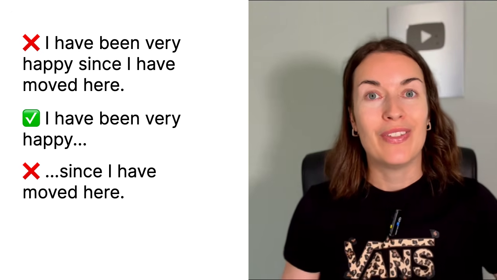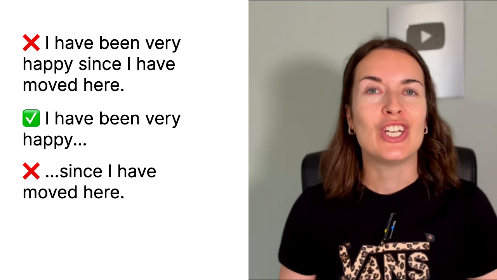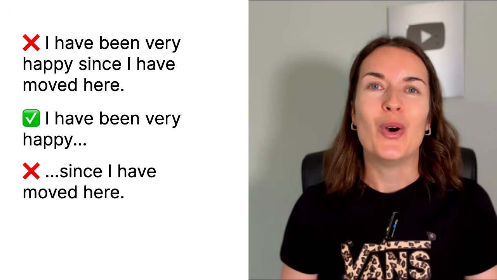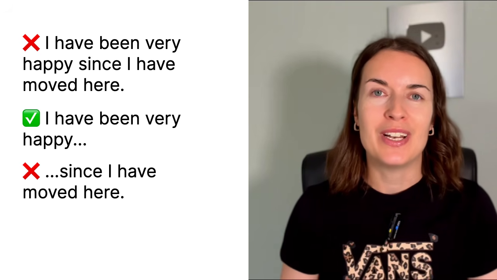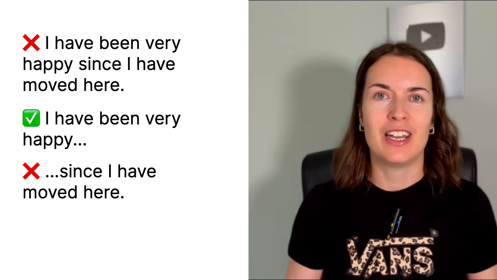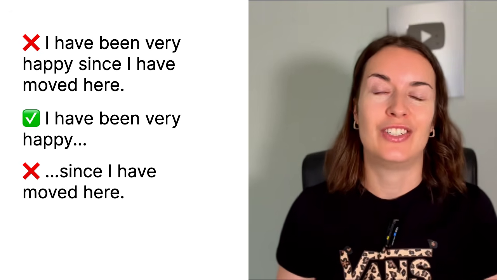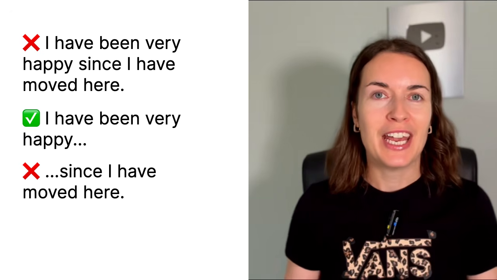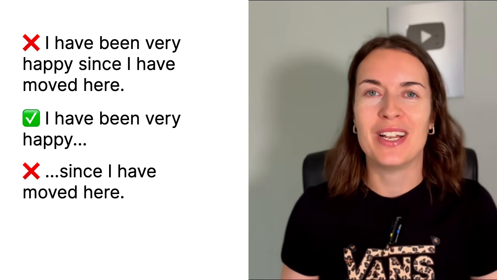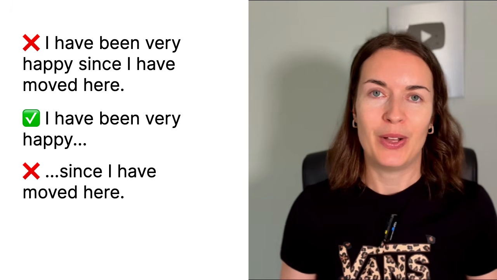Normally, with since, we mention the specific point in time when something started. So I have been very happy since last year. I have been very happy since 2025. And moving here is a point in the past as well.